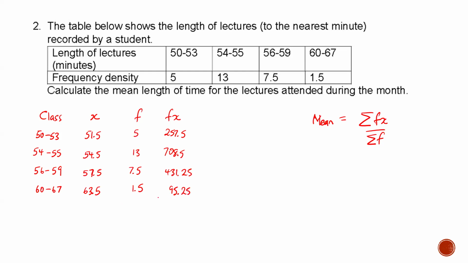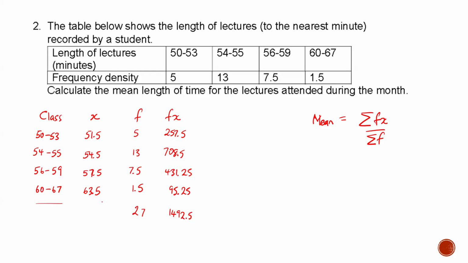Yeah, so when you add all these up, so you want to get summation f, and this is 27. And you also want to get the summation of fx, which is I think 1,492.5.